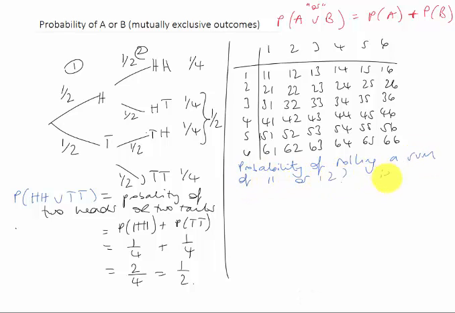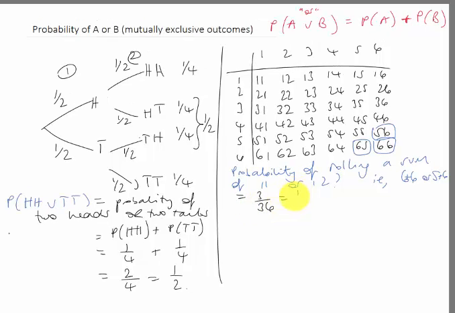So that's i.e. either 2 6s, or a 5 and a 6. So here's a 6 and a 6, and then here's a 6 and a 5, and a 5 and a 6. So there are 3 possibilities. So that's 3 out of 36, or 1 in 12 if we just count those up.